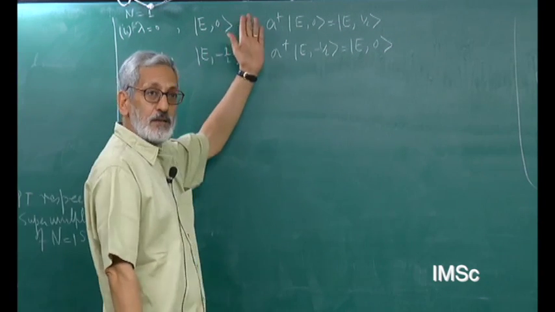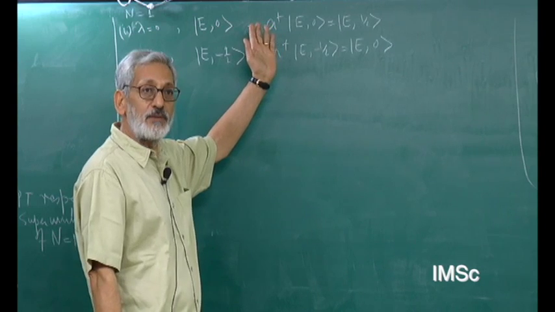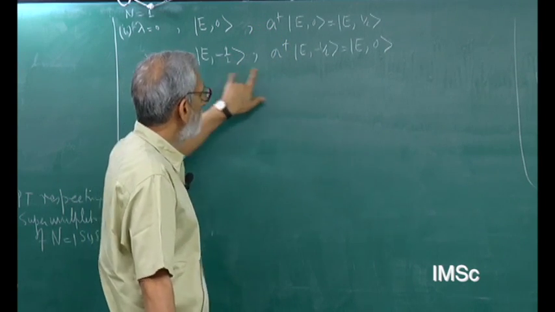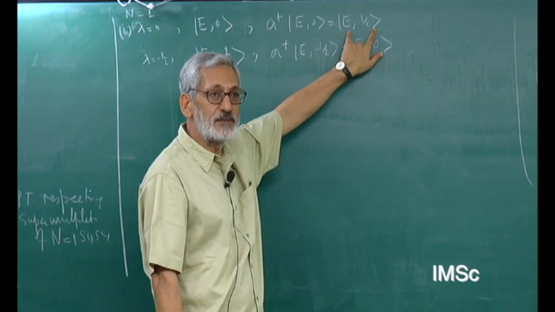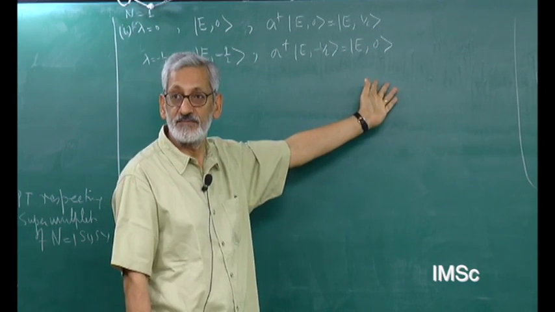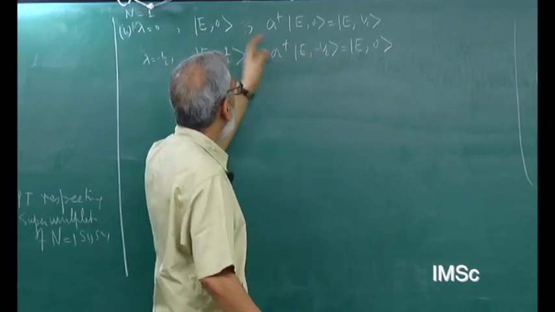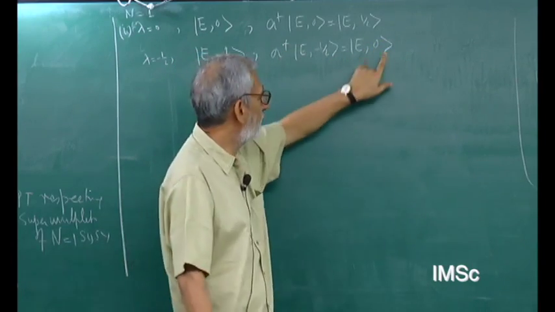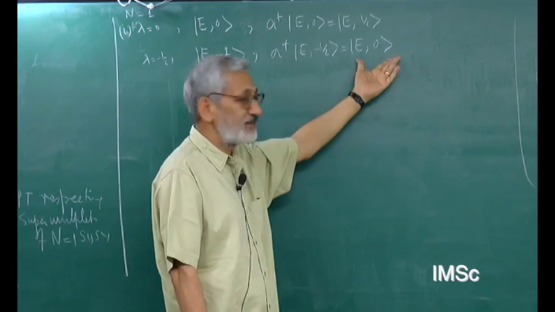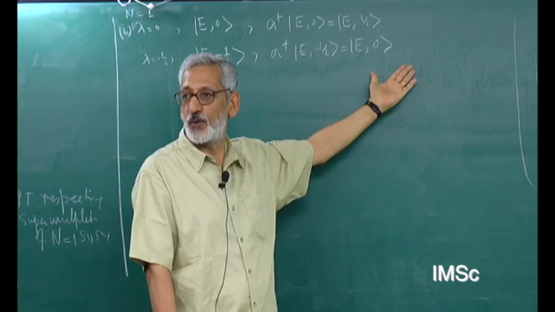This is a CPT self-conjugate multiplet, because this object is the CPT conjugate of this, and these are two scalars. I did not put a prime on this, but this is a different state from this, because this is this. So you could have said earlier, I had put a prime on such things.